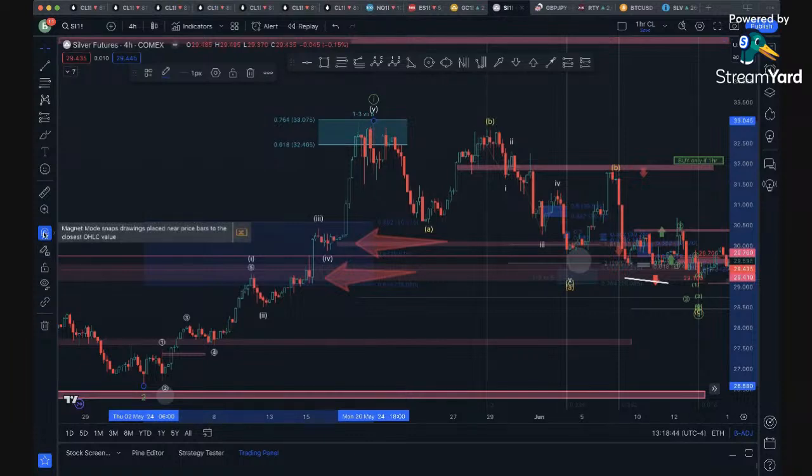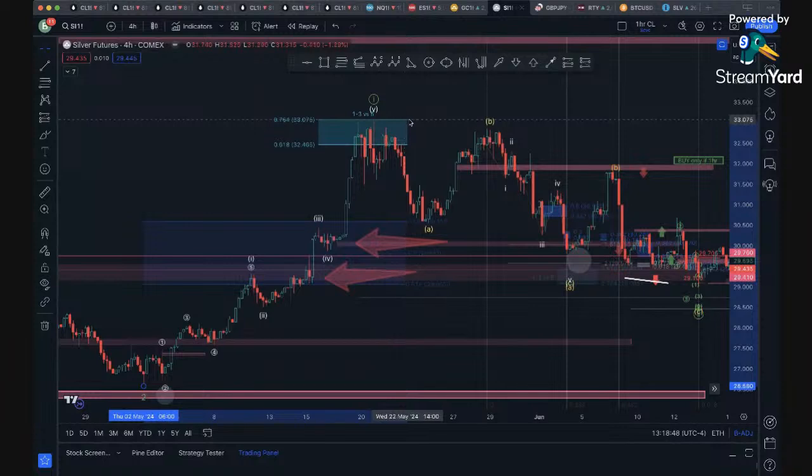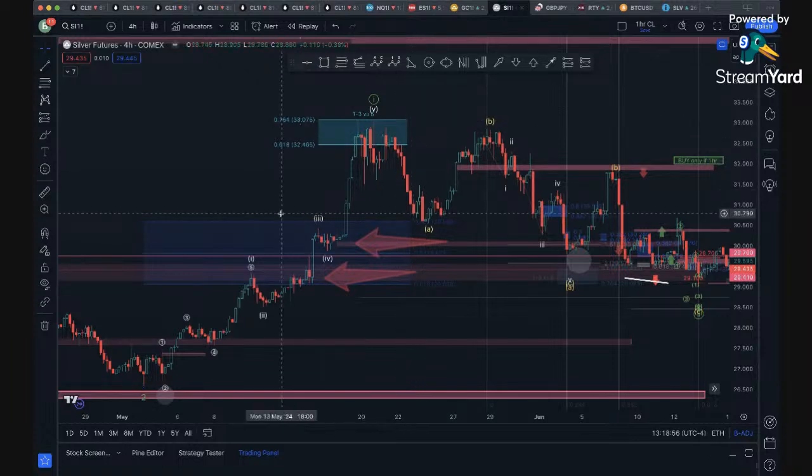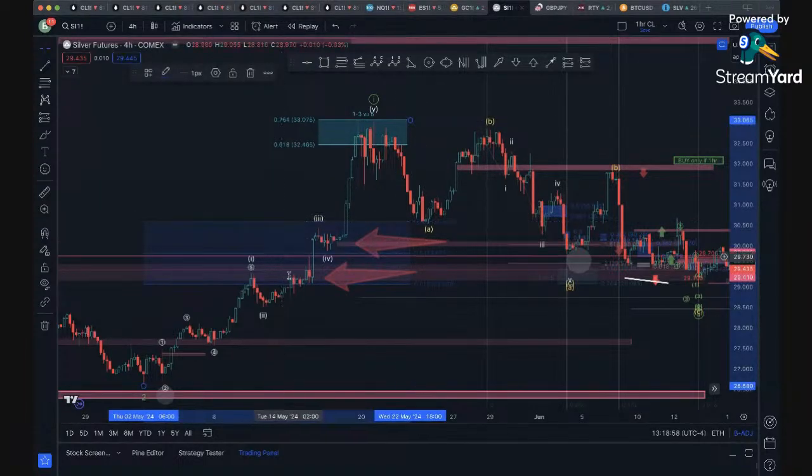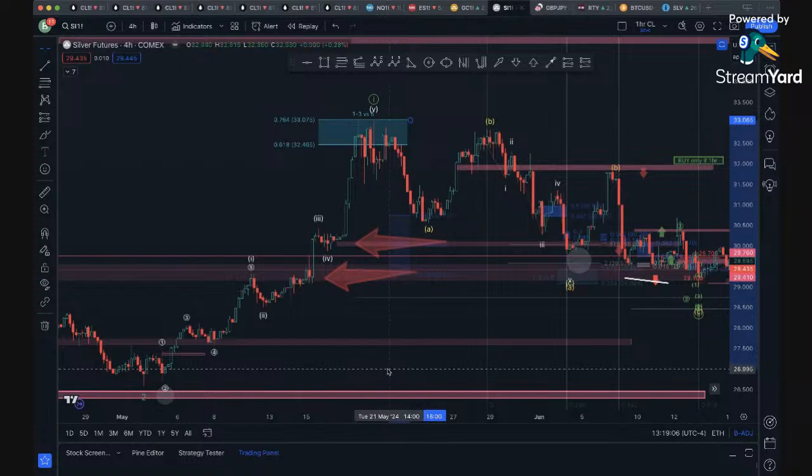If it terminates near the 382, then it is possible that you're dealing with an A wave. Another very nice clue is the structure of the decline itself. In this example, we've got something that meets the criteria for an A wave.